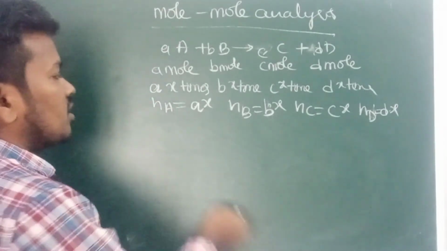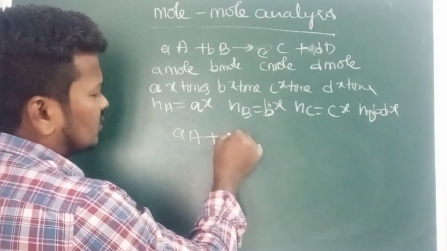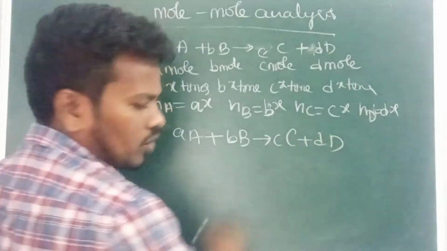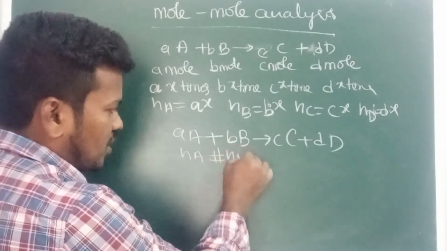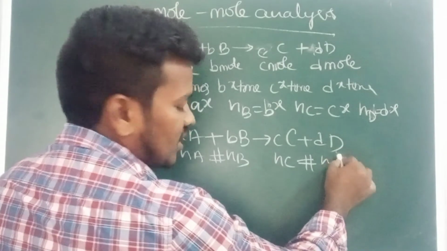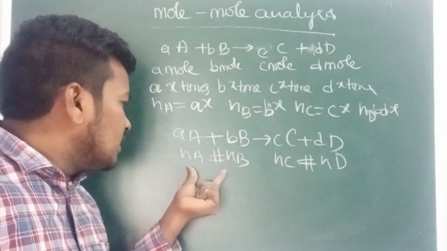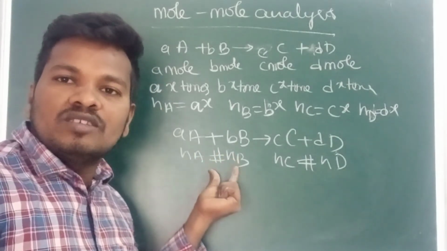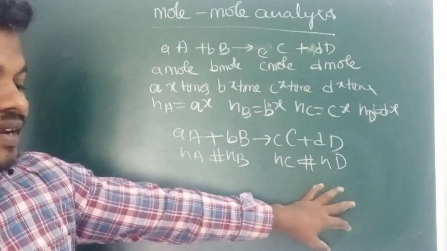Taking the reaction aA plus bB is equal to cC plus dD, here the quantity Na is not equal to Nb, and Nc is not equal to Nd. The reactant quantities are different. When the reactant quantities are different, you will also produce different quantities of Nc and Nd.